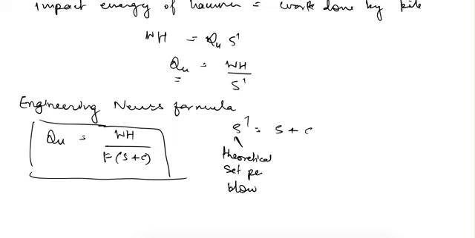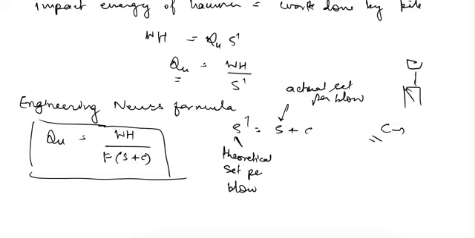If we drop the hammer once, what is going to be the theoretical settlement? That is S dash, where S is the actual set per blow, and C accounts for the various elastic settlements or the energy losses. If it drops, there will be elastic settlement of the soil and of the pile. Those kinds of losses are accounted in this term C.